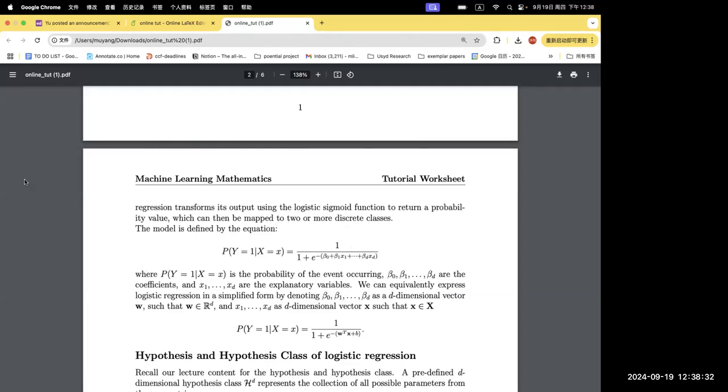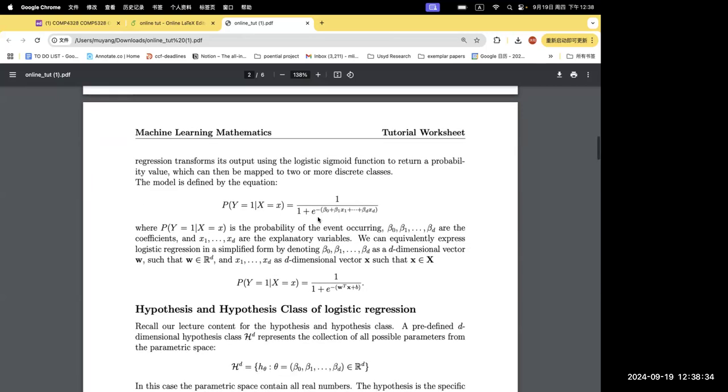Later in the implementation of the code, we'll see more examples of how to apply logistic regression. Just to give a more specific definition, we can express the input feature we're trying to predict, which is a single x here. We can also express the learnable weights of the logistic regression either using this combination of beta learnable parameters or a single d-dimensional vector W, which represents the collection of all the beta variables here.